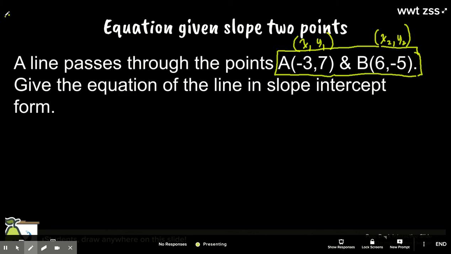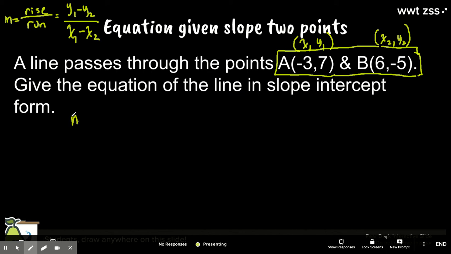And remember, our slope is equal to the change in the y, the rise, and the run, the change in the x value, okay? And that is equal to y1 minus y2. That's how I get the difference between the two y values. And then x1 minus x2.